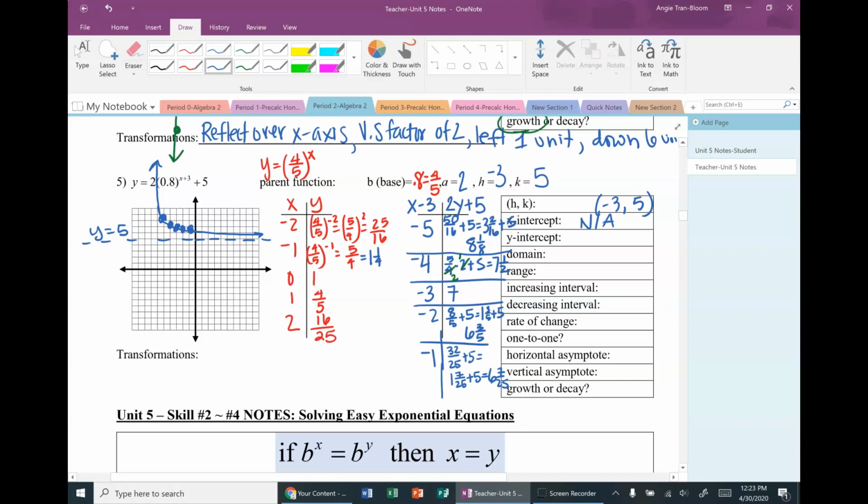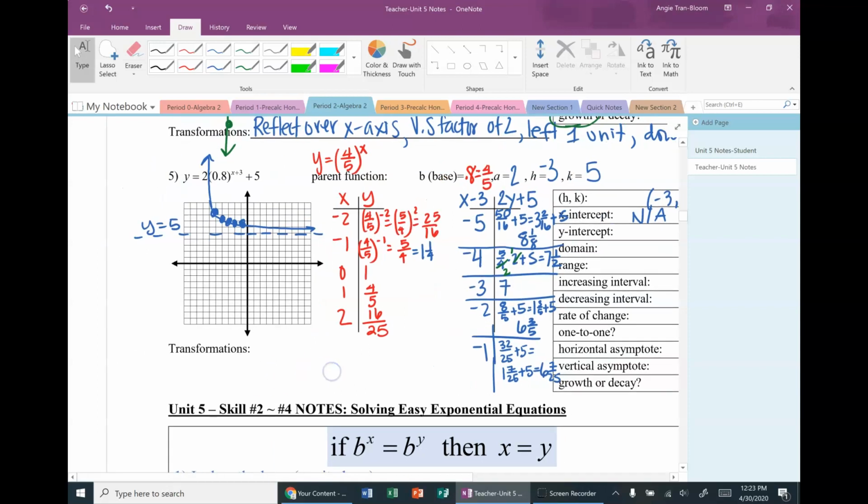Y-intercept looks like you will have some, so let's work that out manually, okay? Y-intercept is when x equals 0. So y equals 2 times 0.8, I'm going to use fractions. X is 0, so 0 plus 3 is 3, and then 5.